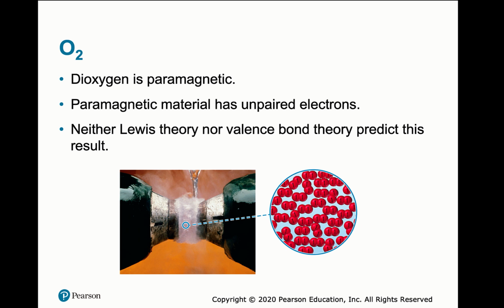This one is paramagnetic, and in fact, liquid oxygen does interact with a magnet, and this is how molecular orbital theory won the day. Lewis theory and valence bond theory predict diamagnetic oxygen, whereas molecular orbital theory predicts paramagnetic oxygen.